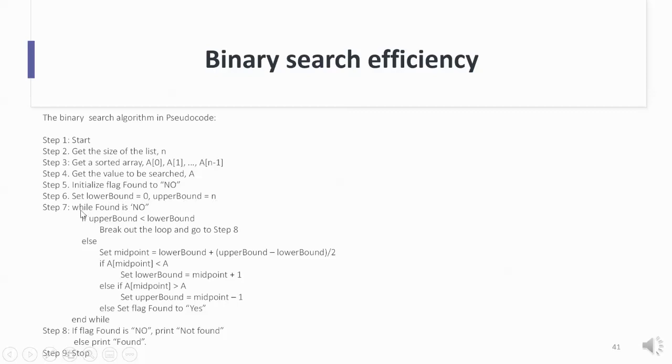Step 7, while found is no, do the loop body. Inside the loop body, if upper bound is smaller than lower bound, break out of the loop and go to step 8. Otherwise, else.